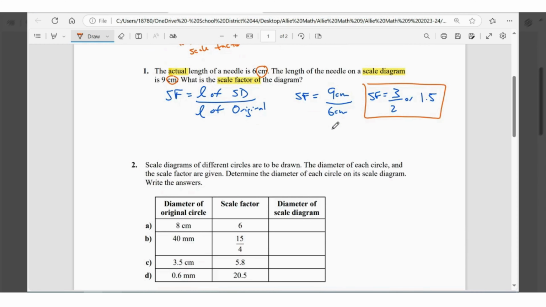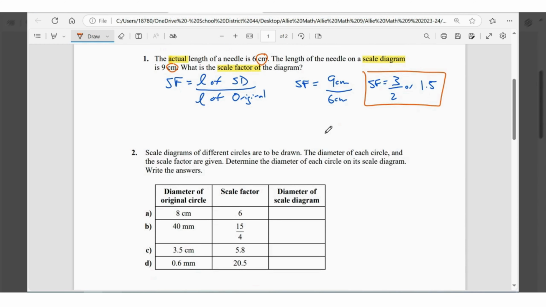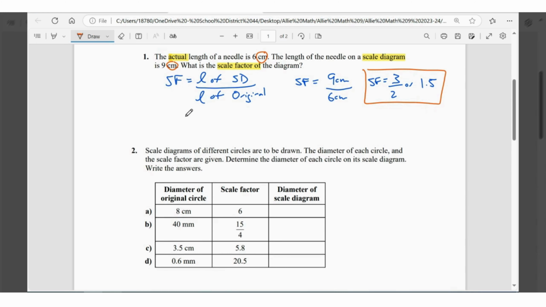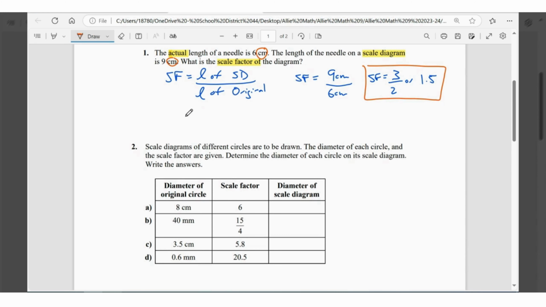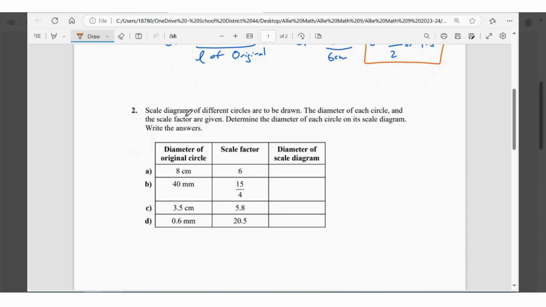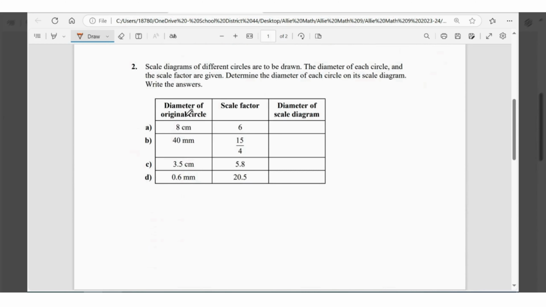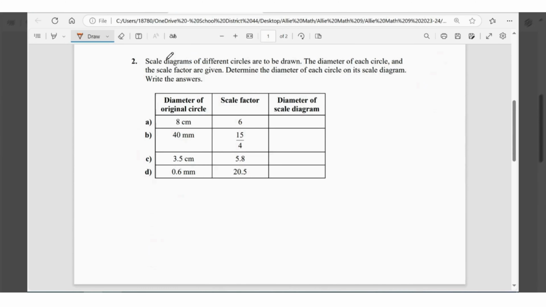The next one is about looking at this relationship when it's in a different order. What do we do with that? We'll be manipulating our equation a little bit to solve a different type of question. So the scale diagram of different circles are to be drawn. So we want to get to the scale diagram. The diameter of each circle and scale factor are given.